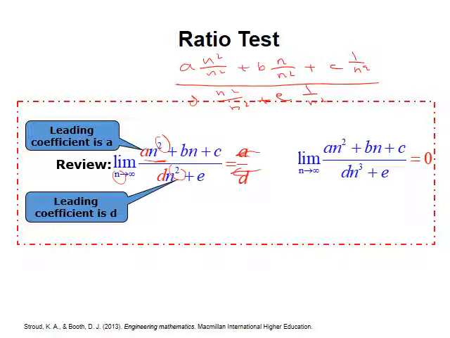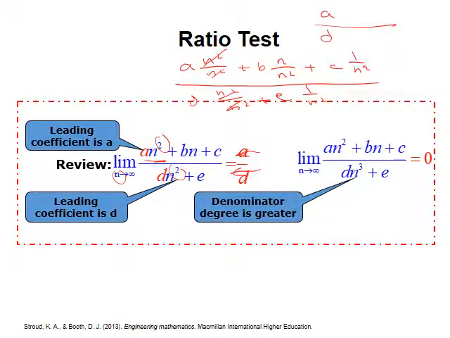Now have a look: n squared with n squared gives 1, so as a solution we have a over d. For the other terms, 1 over n cancels, and as n goes to infinity, they go to 0, this goes to 0, this goes to 0, you see. So what is left is 1 for each leading term, which means a over d.